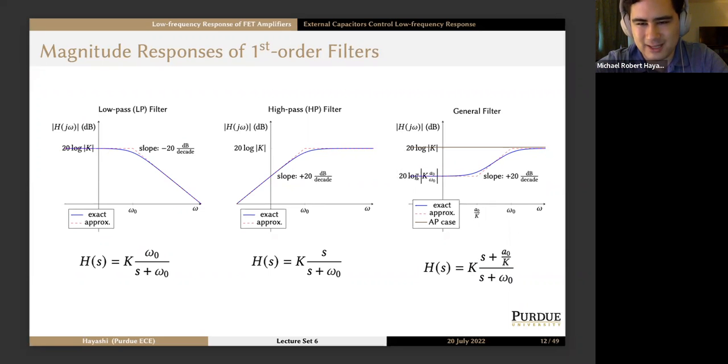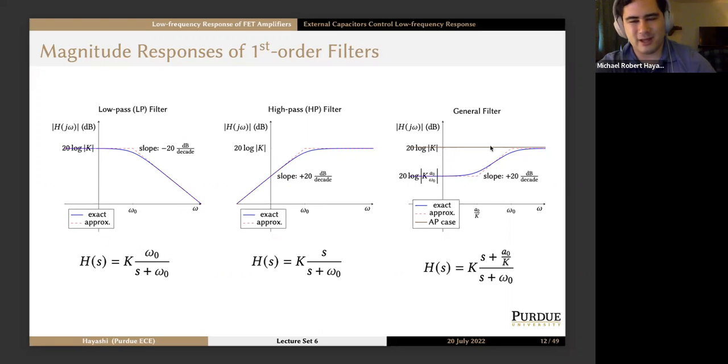So we're going to start with 0 slope, and then at a naught over K, we hit our 0. So we get an asymptotic slope change of plus 20 dB per decade. And then we'll flatten out at omega naught again. So we go from 20 log absolute value of K a naught over omega naught, and then we flatten out again at 20 log absolute value of K.